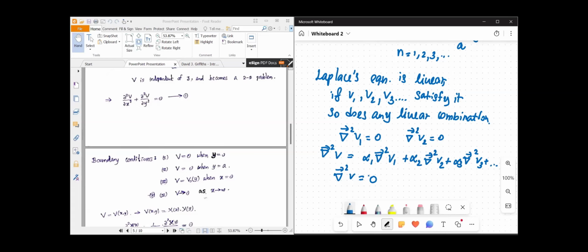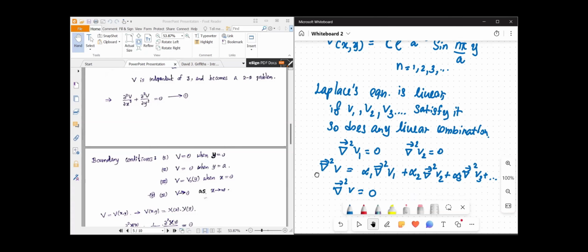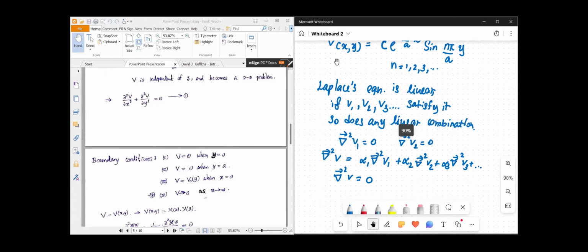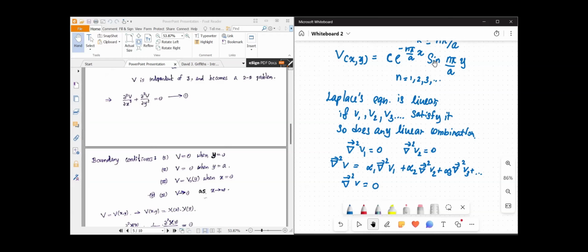Now we are going to use that information in this situation. We have n equal to 1, 2, 3, and all the way up. So we have a combination of these potentials.